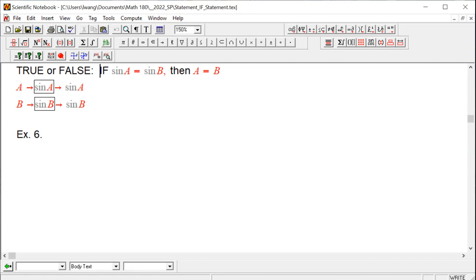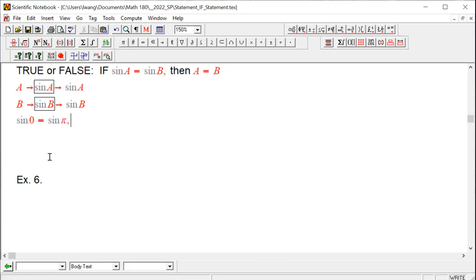Why? Here's why. I can give you a counter example. I'm sure you will have plenty. I just need to identify A and B. For example, sine 0 is equal to sine of pi.